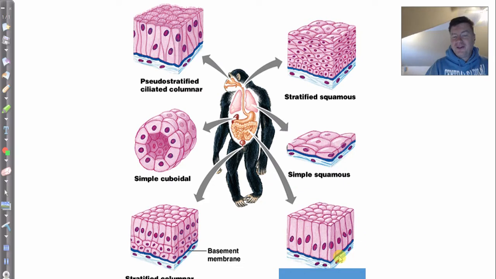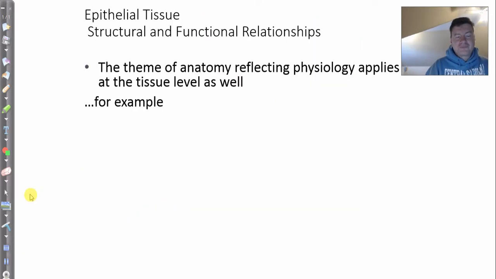And how about here? We have one layer, simple, okay, shape of the cells, columnar, so simple columnar epithelium. So these you'll be practicing more with in lab as well, but those are good to go back to if you want to practice some more and pay attention to the number of layers and the shape of the cells.